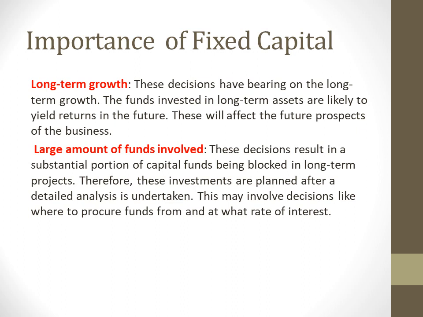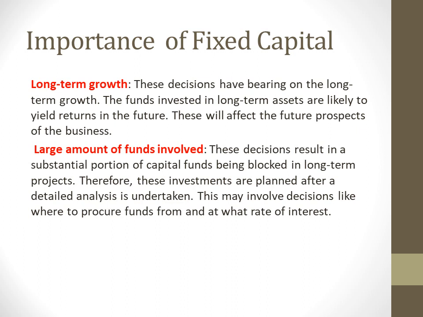If you have to purchase some land, or some plant and machinery, it's not a little amount invested; a large amount is invested for these purposes. That's why a business has to go through detailed analysis.